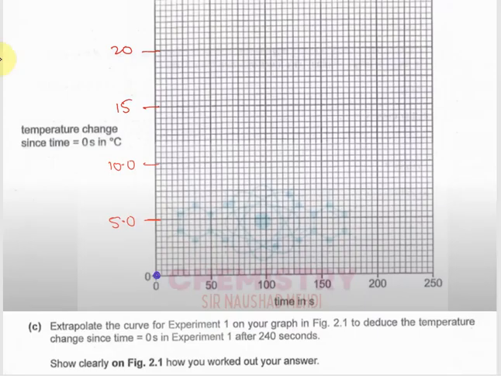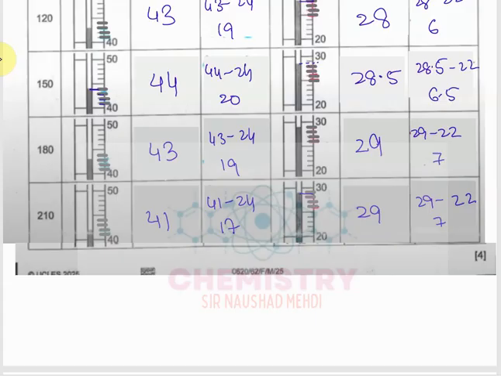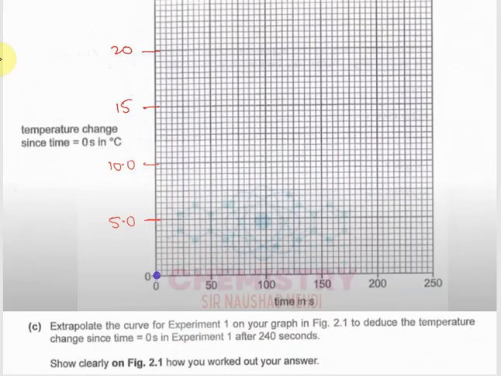Each small box represents 5, so we have to go up to 30: 5, 10, 15, 20, 25, 30. So at 30 the value is 9.5, which comes somewhere around over here.